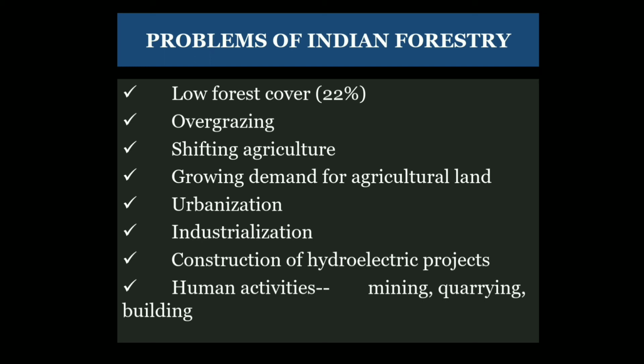Increasing urbanization and industrialization is also an important cause of degradation in forest area. Construction of hydroelectric projects like the Narmada project has caused displacement and submergence of forest area. Human activities like mining, quarrying and building have resulted in deforestation on a large scale.